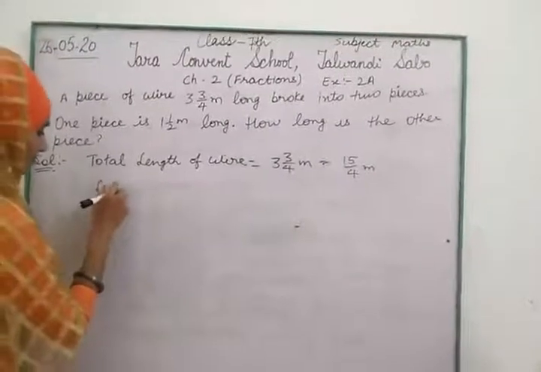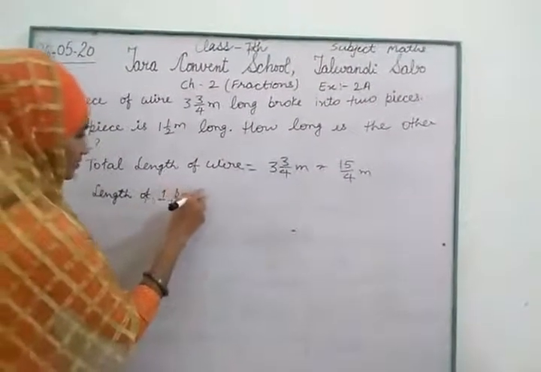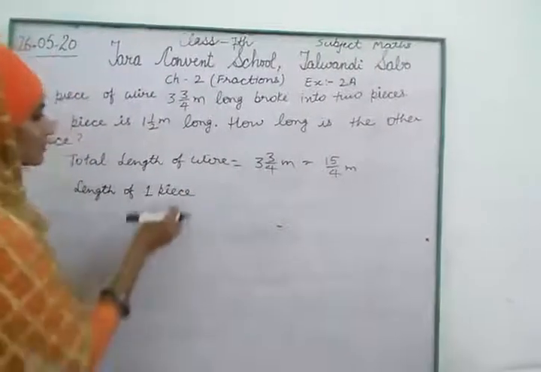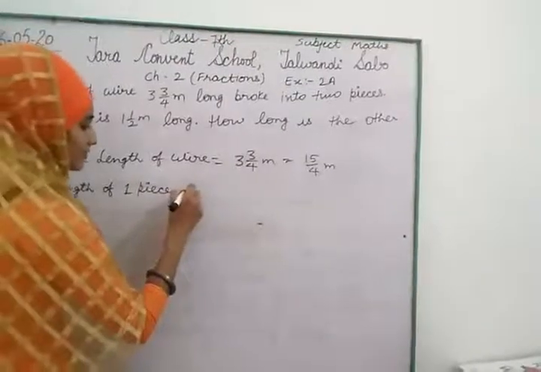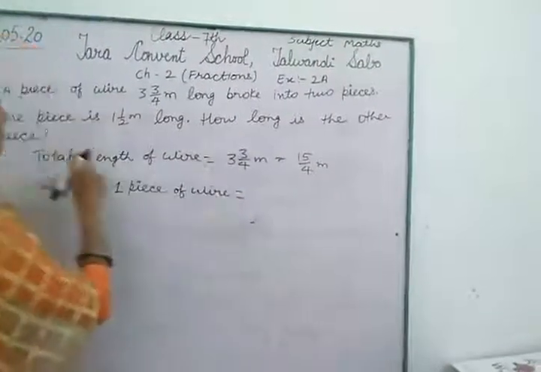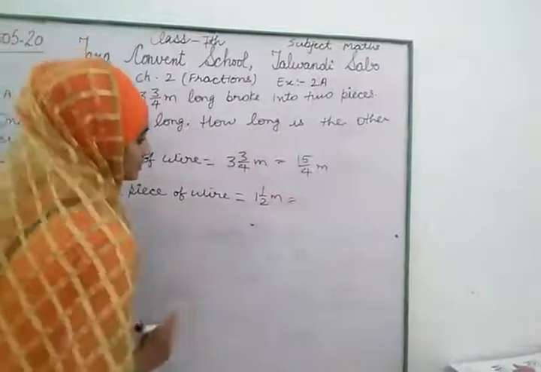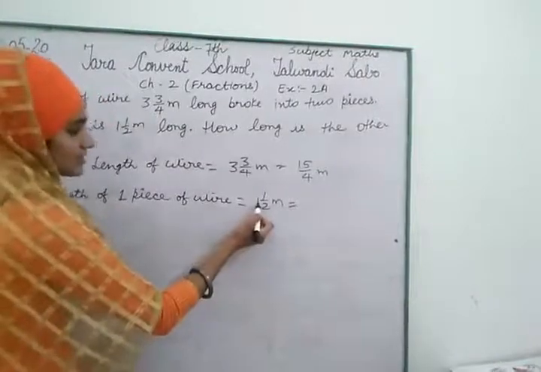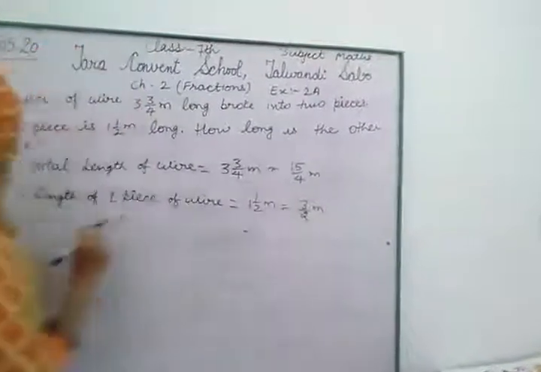Length of one piece of wire, because the wire is divided into two pieces, is equal to 1.5 meter, that is 1 and 1/2: 2 ones are 2, 2 plus 1, 3/2 meter.